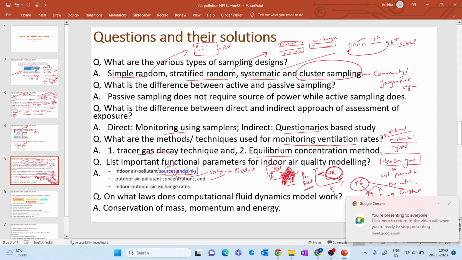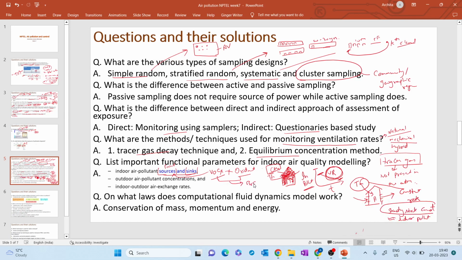The oxidants present will convert the VOC into, let's say, particulate matter for a simpler explanation. So the sink would be PM.